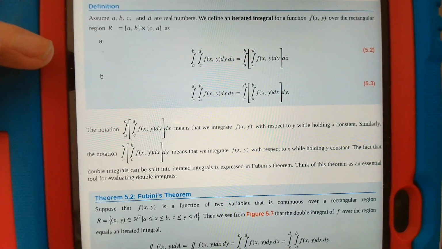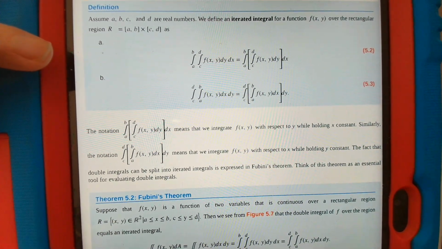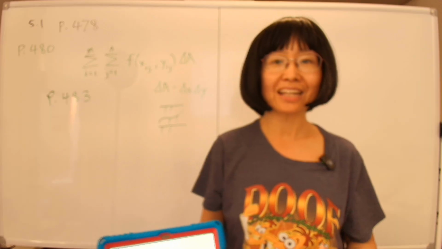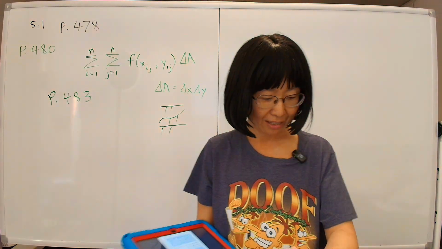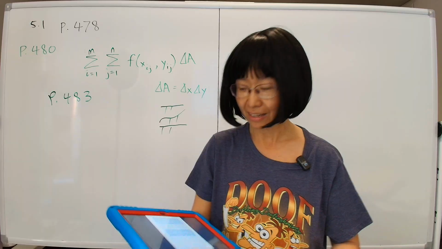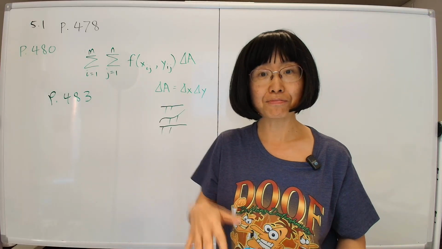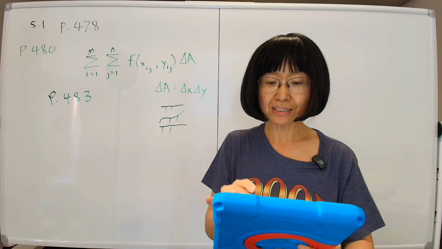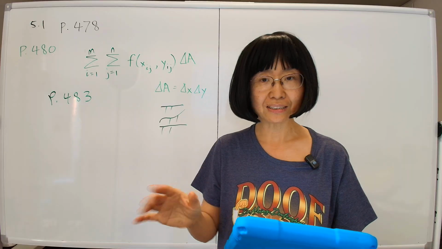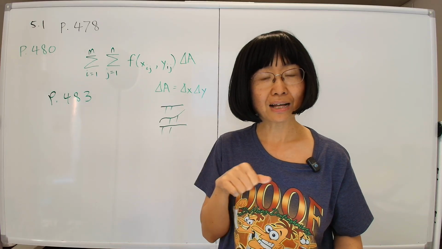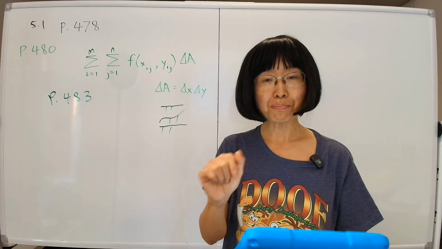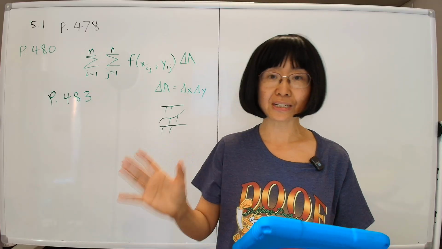Now in that case, what are you going to do about the x? You're going to treat the x like it's a constant. You just let it sit there, kind of like taking partial derivatives, and deal with it later. Once the integration of the inside is finished, then you have a function that has only x in it because the y went through the integration. At that point, you do the second integration, which has x in it.